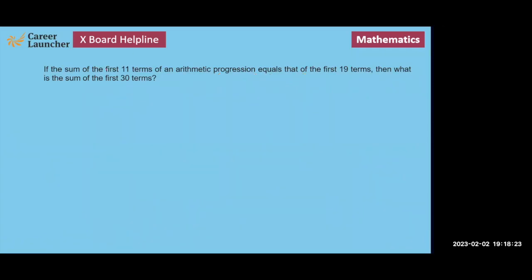So is there any other longish method to do that? There is also another method, right? So let's say a is my first term, A1, and the sum of the first 11 terms of an arithmetic progression is equal to the sum of the first 19 terms. So let's write this. The sum of the first 11 terms is equal to 11 by 2 into 2a plus 10d, which is equal to 11a plus 55d.